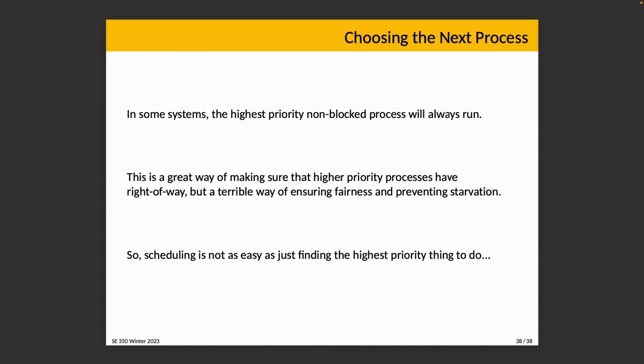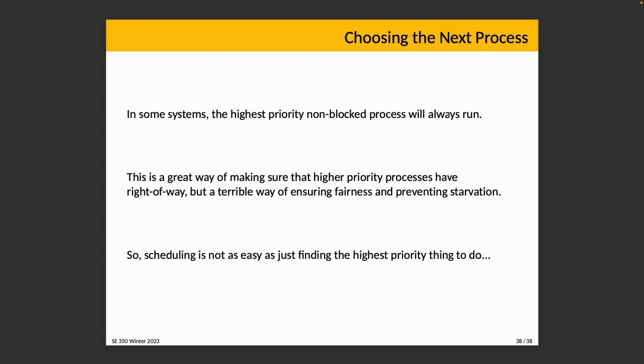Now, in some systems, and I'm sure I mentioned this much earlier on when we talked about switching between processes, all the way back in the processes topic, we said the highest priority non-blocked process will always be the one that's chosen to run. That is a great way of making sure that processes that have the highest priority have the right of way.